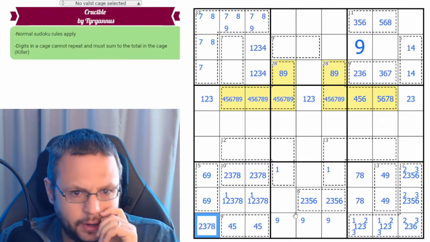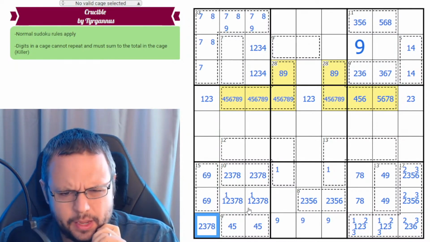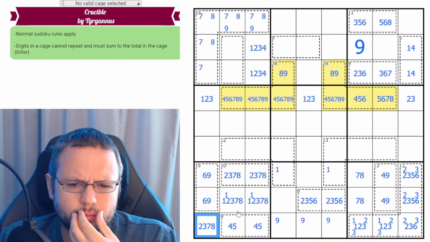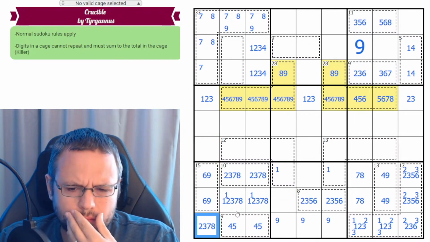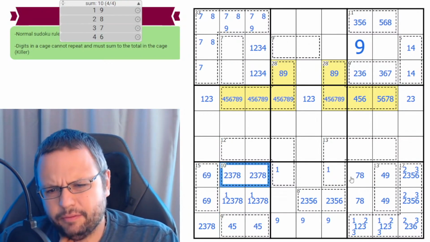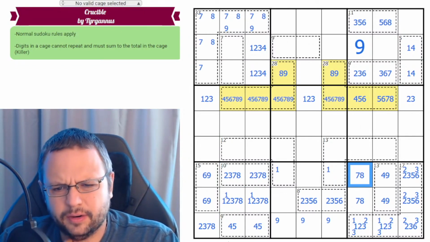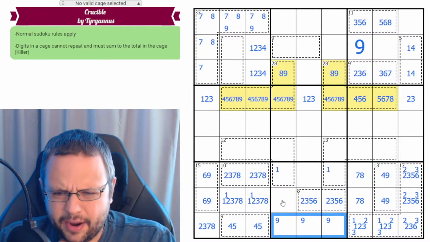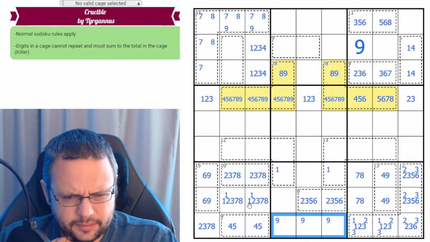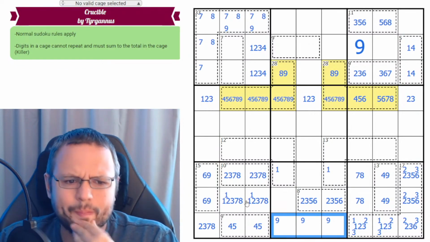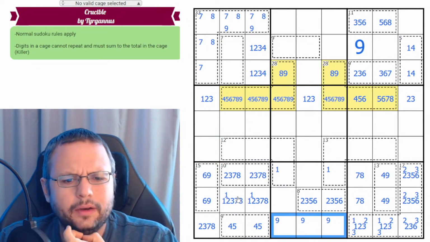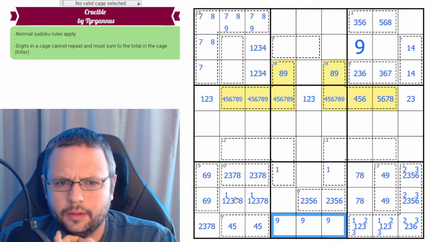This isn't the 1. 2, 3. So we've got like a virtual 7, 8 pair here. We've got the 9 over down there. Unknown as of so far.